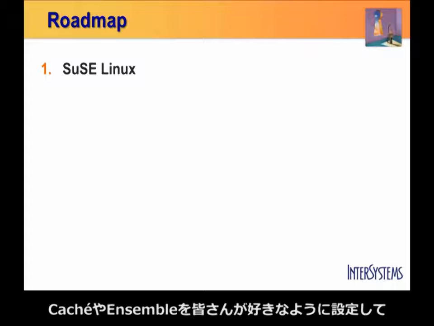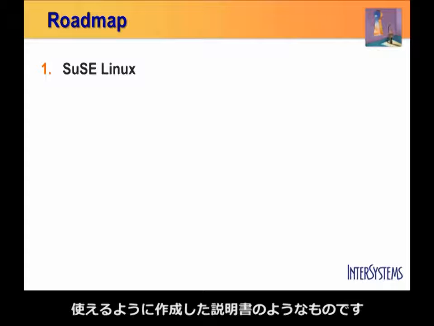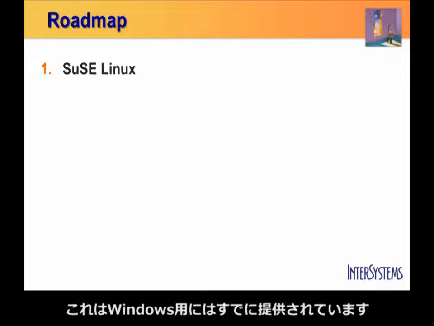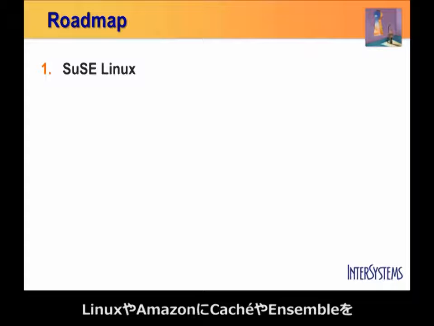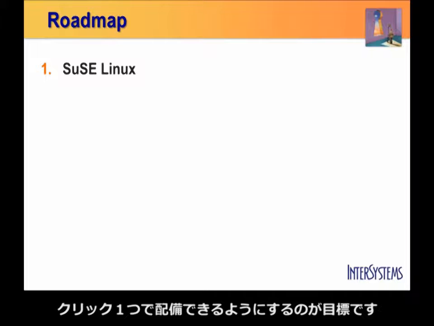It's just a list of instructions that we have created to allow you to configure and launch Cache or Ensemble however you want to configure and launch it, okay? So that exists today for Windows. We're working right now on creating a similar set of recipes for Linux. So then you will be able to deploy Cache or Ensemble running Linux in Amazon, for example, with just one click. That's the goal, okay?